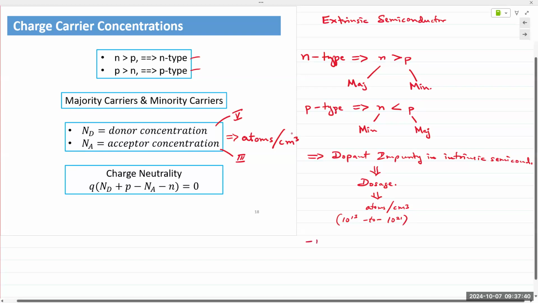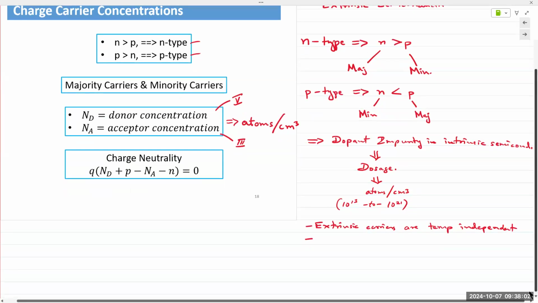And so extrinsic carriers are temperature independent. And intrinsic charge carriers, of course, are dependent on temperature.